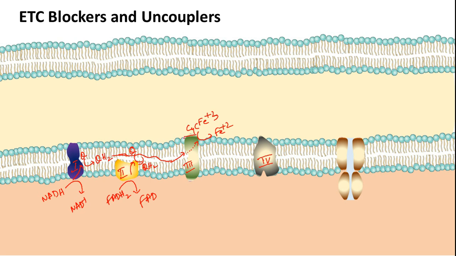Cytochrome C is a mobile electron carrier, just like ubiquinone or coenzyme Q, and takes electrons to complex 4, where they are transferred to cytochrome A or A3. You have copper here as a cofactor.